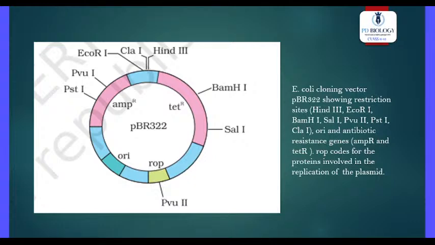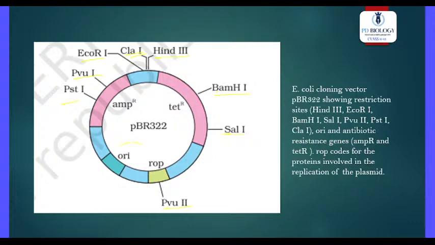E. coli cloning vector pBR322. The restriction sites are there: EcoRI, BamHI, SalI, PvuI, PstI, PvuII and ClaI.